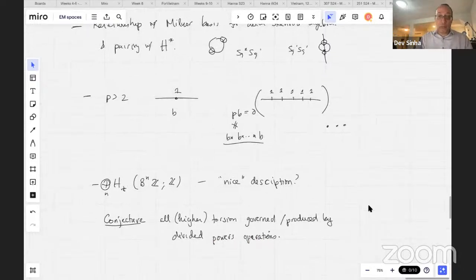So if you take some two torsion and you take its divided power, it makes sense that the product would naturally be two torsion, but once that product vanishes and you divide it by two, you get some four torsion. And the conjecture is that this is the main source.